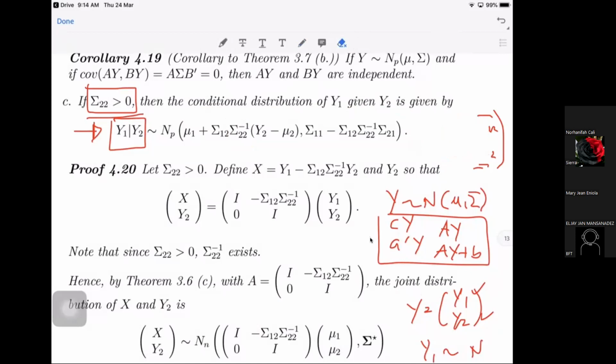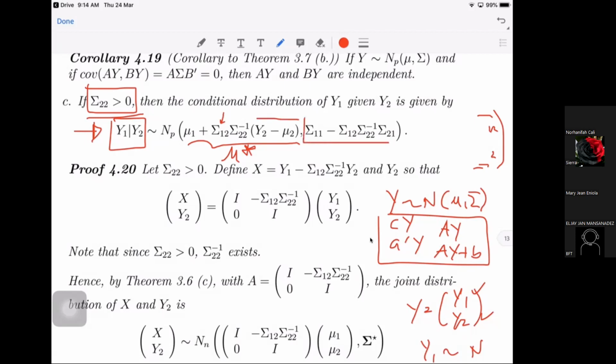this. It is normally distributed, but the mean vector will be mu1 plus sigma 21 times the inverse of sigma 22 times the difference y2 minus mu2.